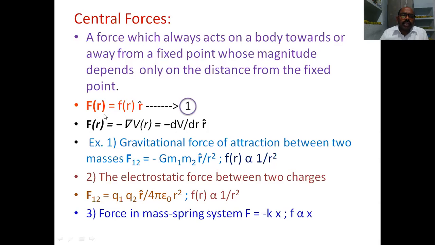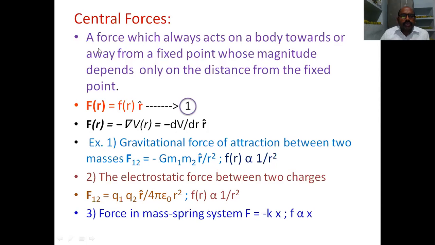So here we are expressing the central force in this mathematical form, which is shown in equation 1. F of r is equal to minus del V of r, minus dV by dr r cap. So that is negative gradient of potential, we can say.